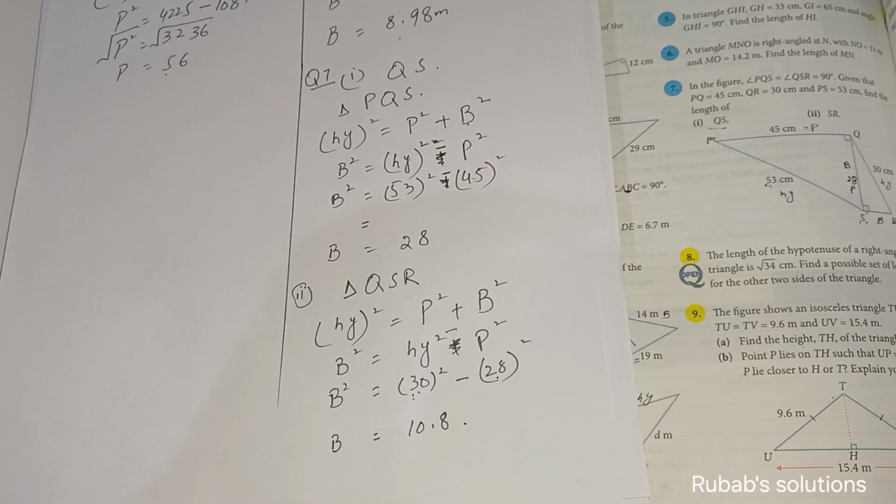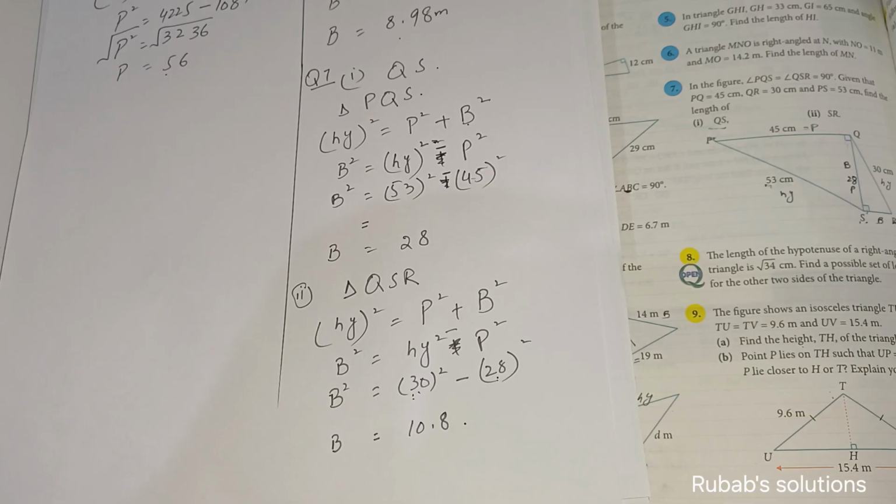And basically I have to find the base. So base square will be equal to hypotenuse square minus perpendicular square, and hypotenuse is given, that is 53 square plus 45 square. Sorry, it will be minus. See, I made a mistake, so you have to be vigilant.